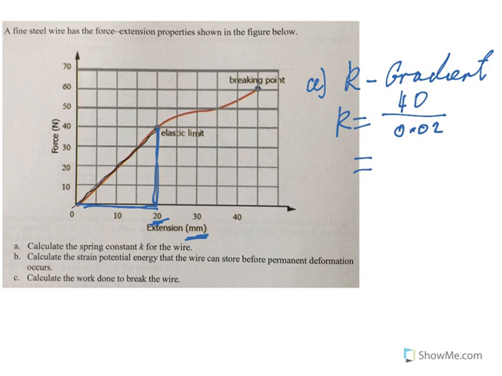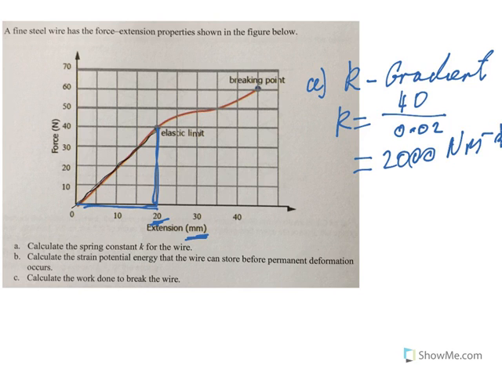So our spring constant, when we do that, 40 divided by 0.02 is equal to 2,000 Newton for every metre that you stretch. All right.